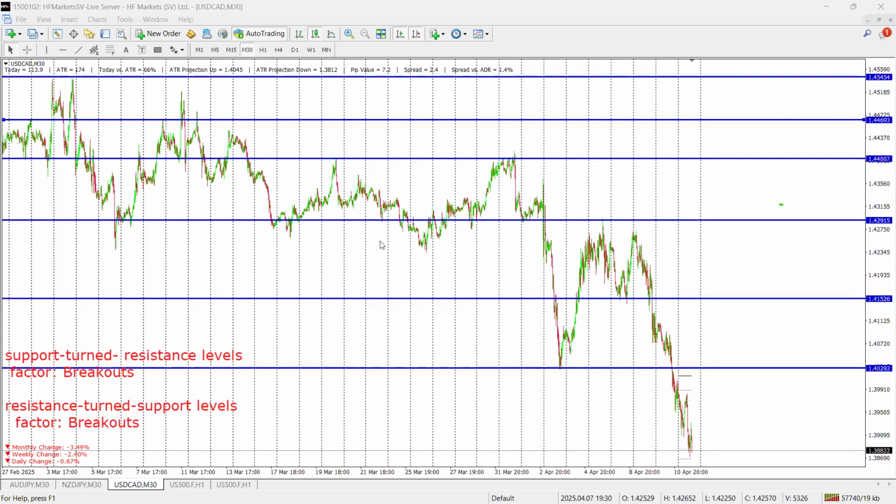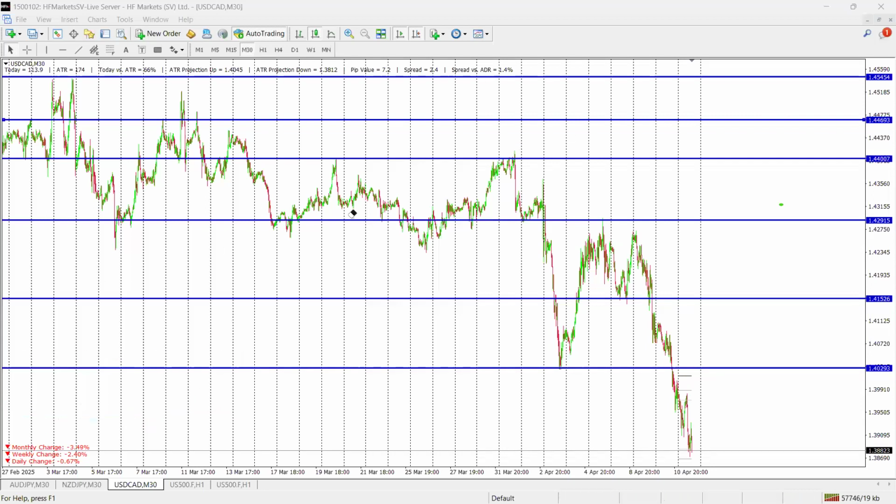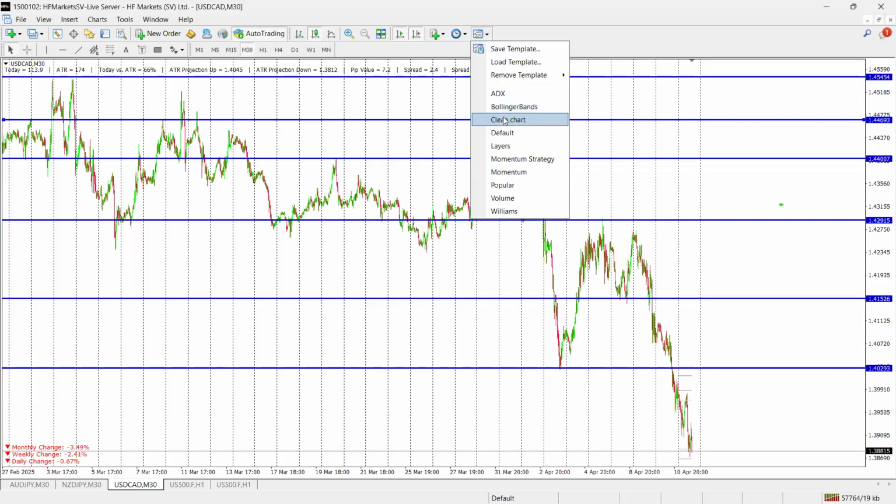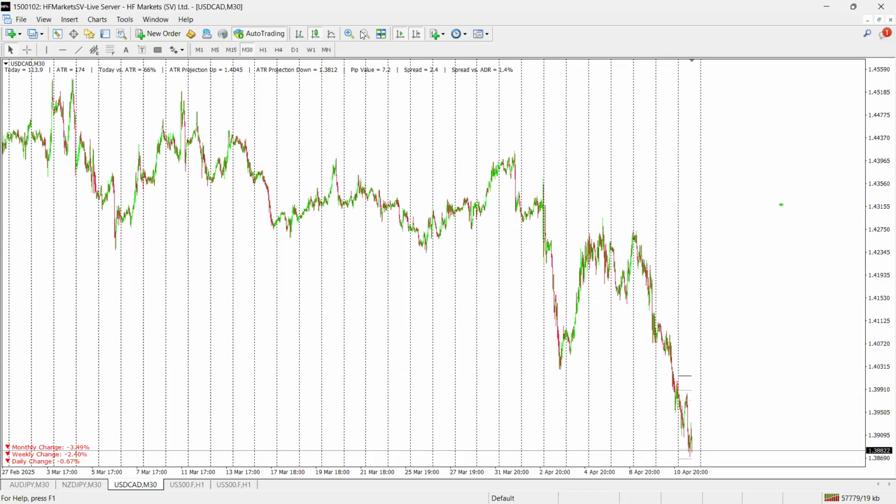For example, you want to take a sell on the trade, maybe because the market says, oh, this market is a sell market.